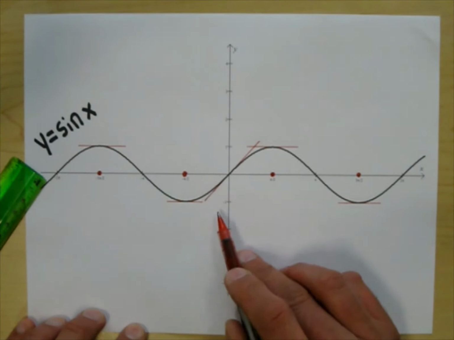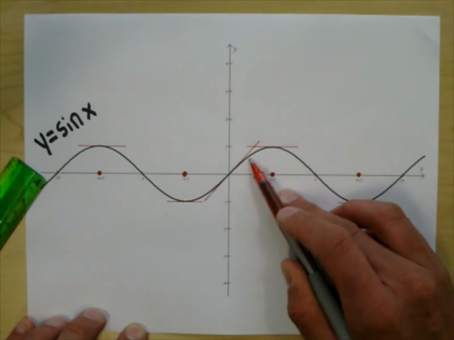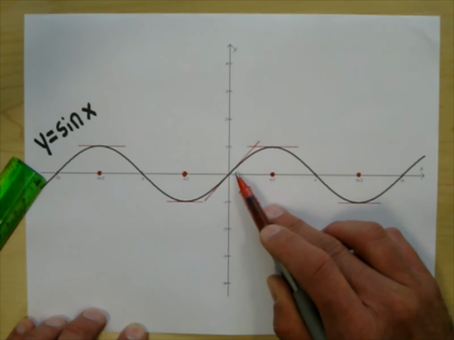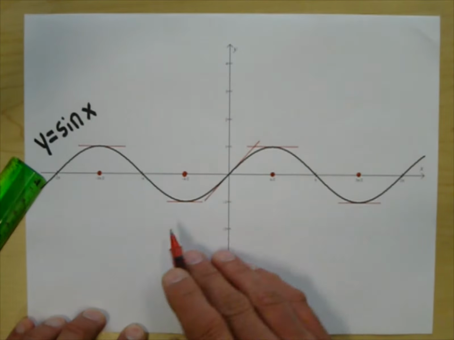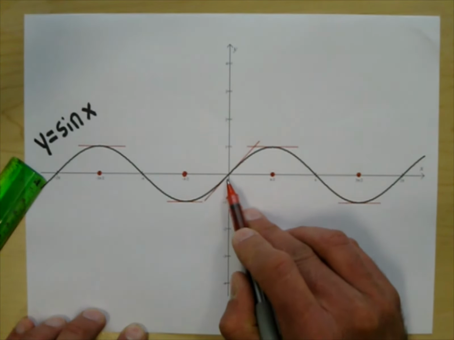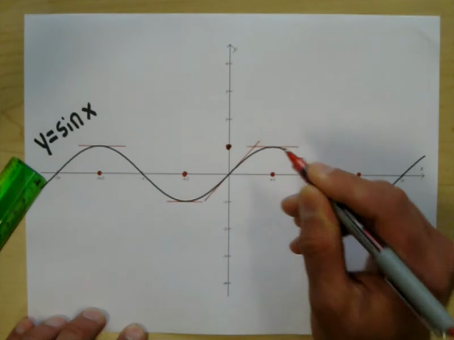What is the slope of that tangent line? It looks like the slope is 1 over 1, which is 1. Once again, this is the problem with estimation, but all we're doing is taking a guess on this piece of paper. So the slope at 0 is 1. I'll put a dot right there.